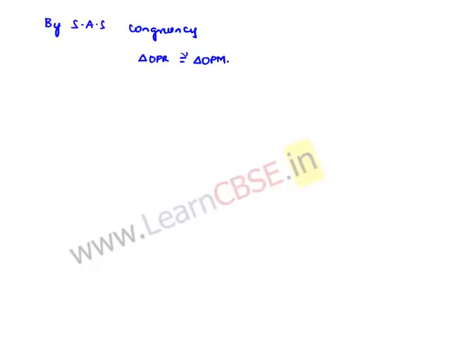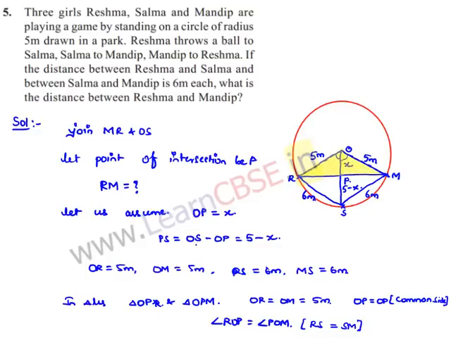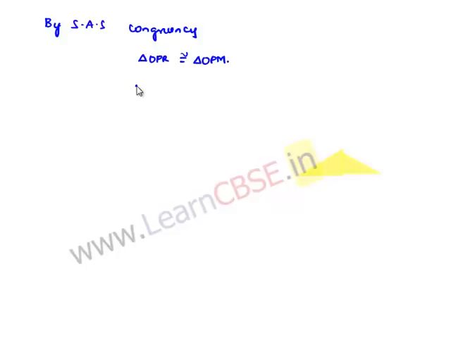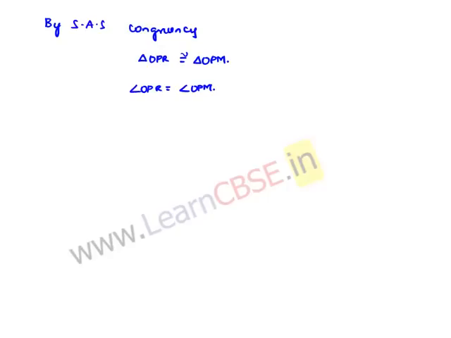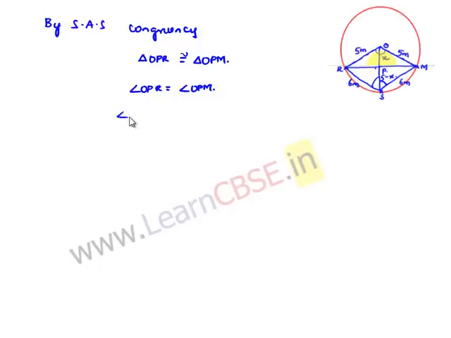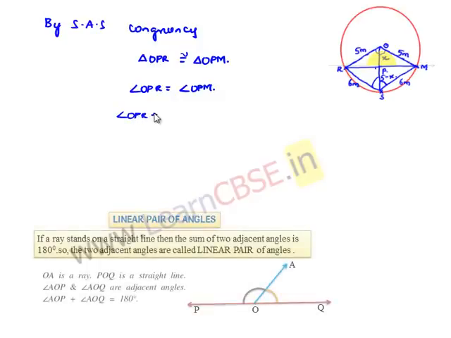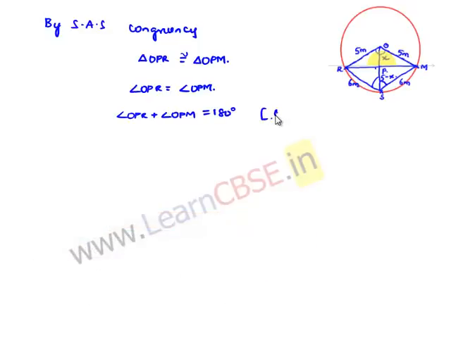When two triangles are congruent, then their corresponding angles and corresponding sides will be equal. Therefore we can say that angle OPR will be equal to angle OPM. But also, if we observe the figure clearly, angle OPR and angle OPM form a linear pair. The sum of angles forming a linear pair is equal to 180 degrees. Angle OPR plus angle OPM is equal to 180 degrees.